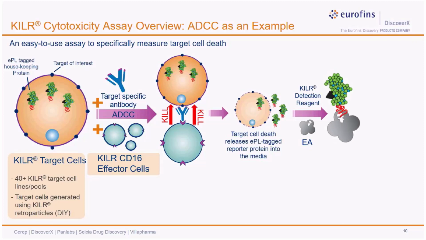Now the complementation of these two inactive beta-gal enzyme fragments happens in the medium, and this active enzyme hydrolyzes the chemiluminescent substrate to produce a quantitative light signal as I described in the previous slide. So this is a simple outline on how to set up ADCC assays using CD16 Killer effector cells.